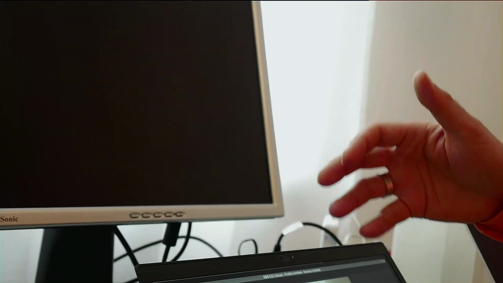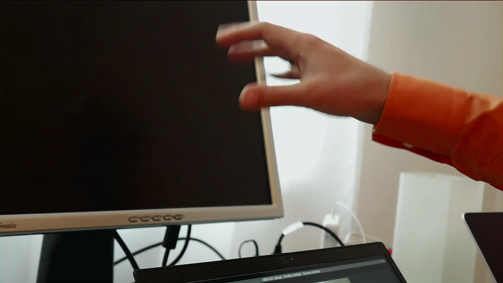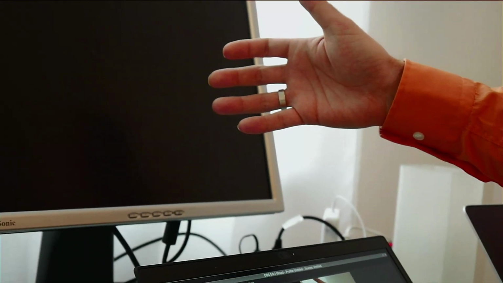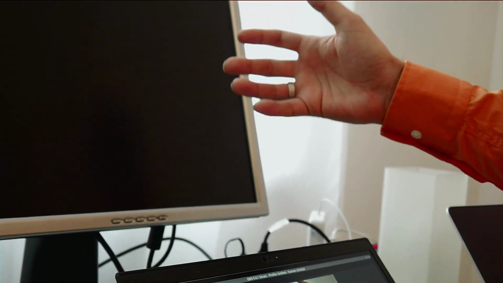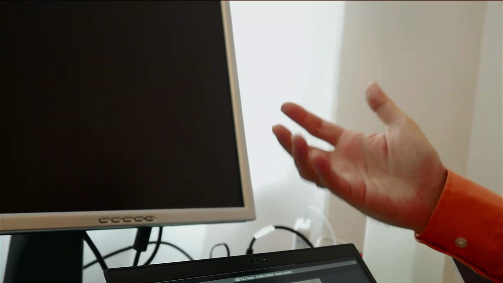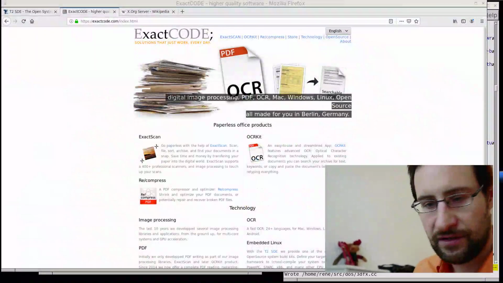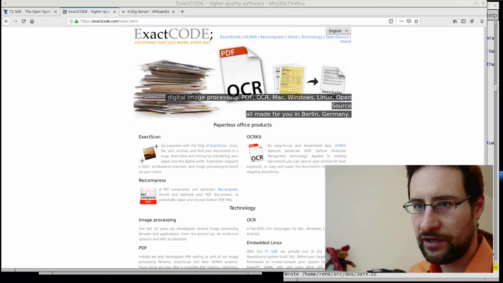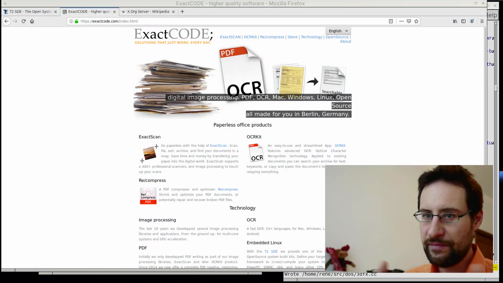So because this is 1280 by 1024, I doubled this, effectively making this like a Retina display, just that you don't really see the Retina pixels, and that avoided a little bit the scaling headaches that you unfortunately still have, although they become less in Linux.